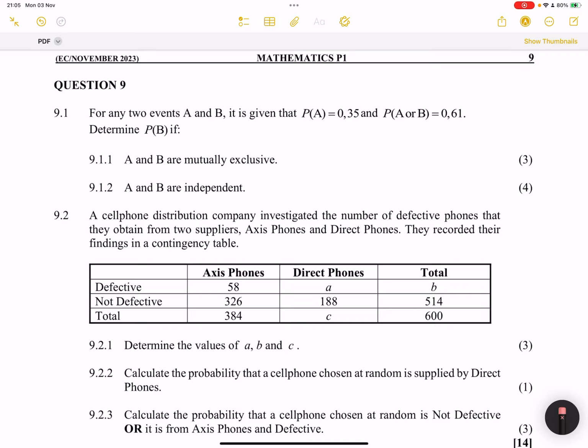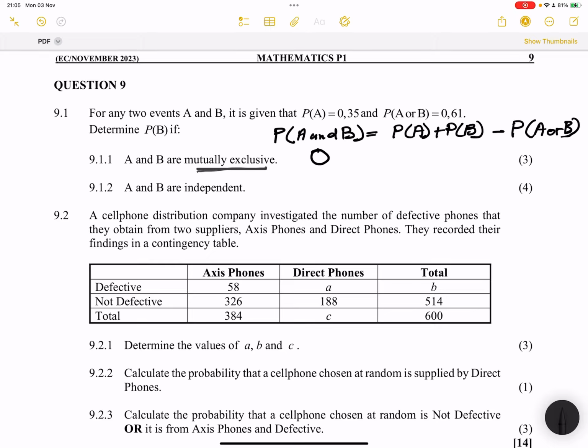So now, what we normally do for these questions, we use the general principle of probability. And what does it say? It says the probability of A and B is equal to the probability of A plus the probability of B minus the probability of A or B. Now note, in this case the probability of A and B for mutual exclusivity has to be equal to 0.